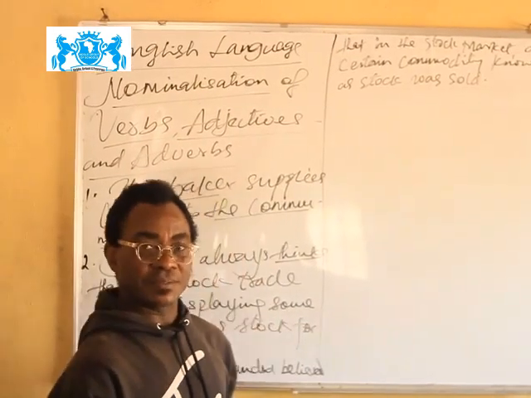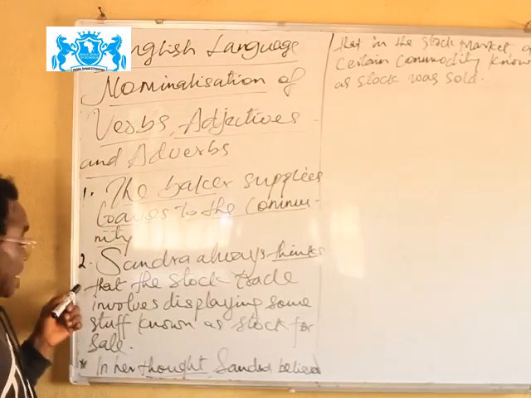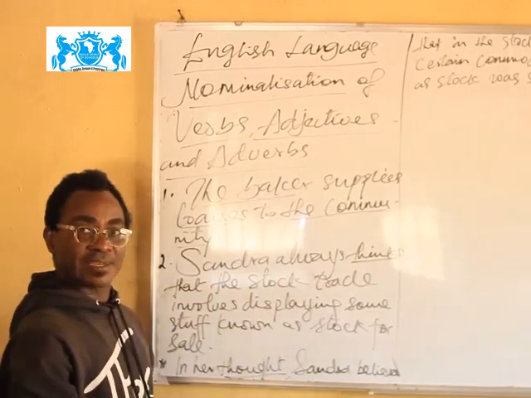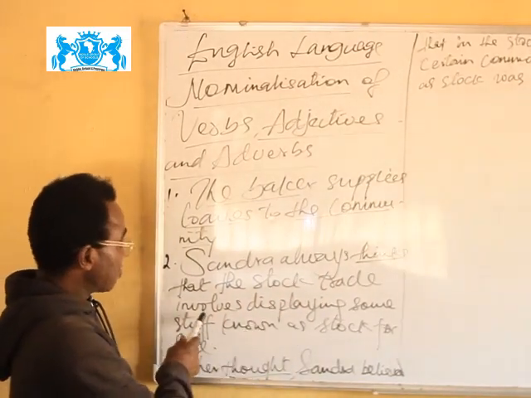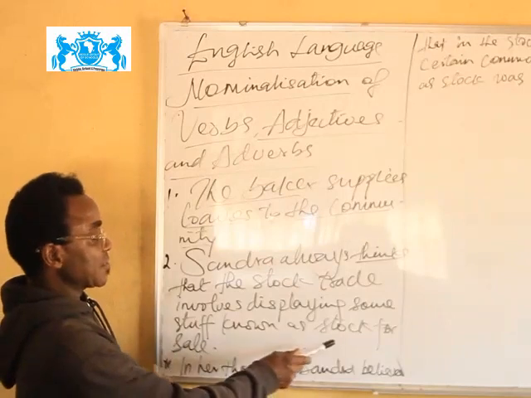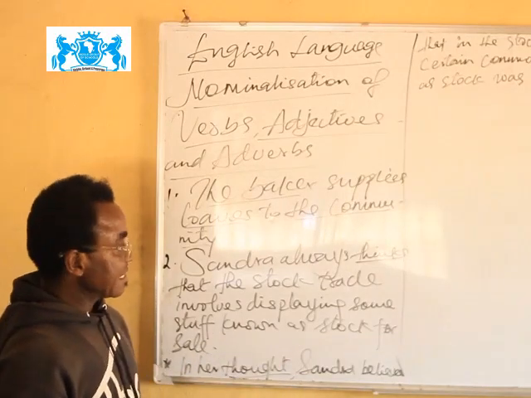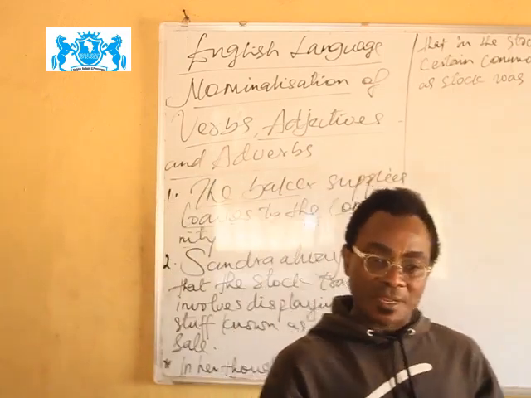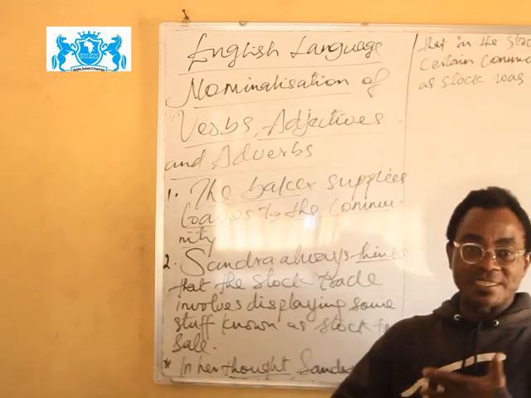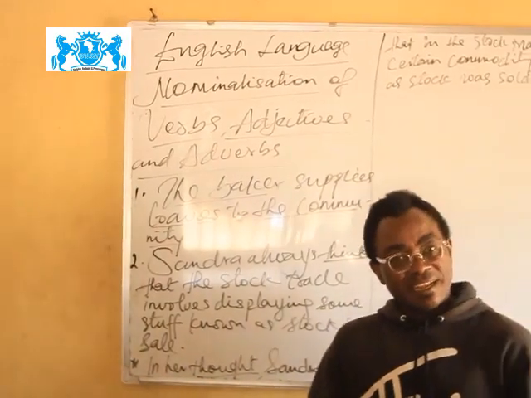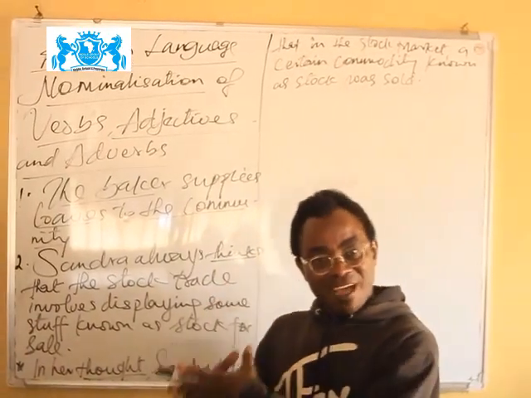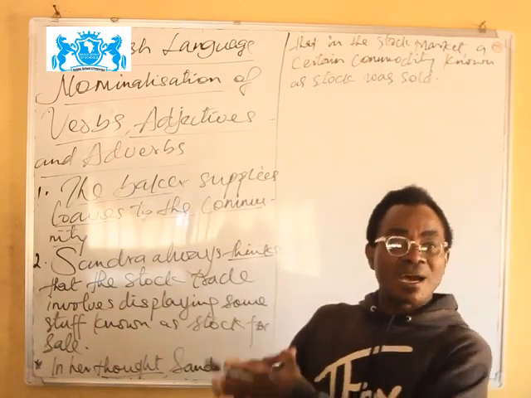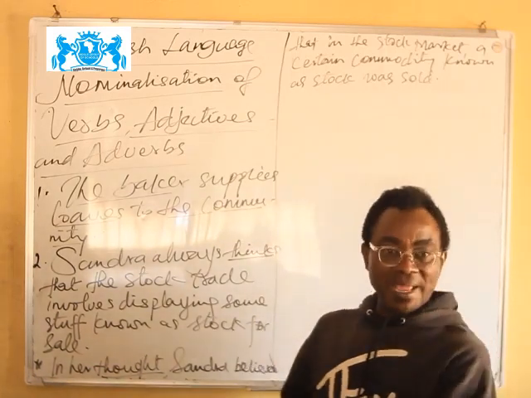Now let's take a look at this sentence, sentence 2 in the series. It says, Sandra always thinks that the stock trade involves displaying some stuff known as stock for sale. In this sentence, we've underlined the verb thinks. Now, when we nominalize, it has to do with paraphrasing a sentence in such a way that the verb form, or the adjectival form, or the adverbial form used in the sentence becomes a noun.